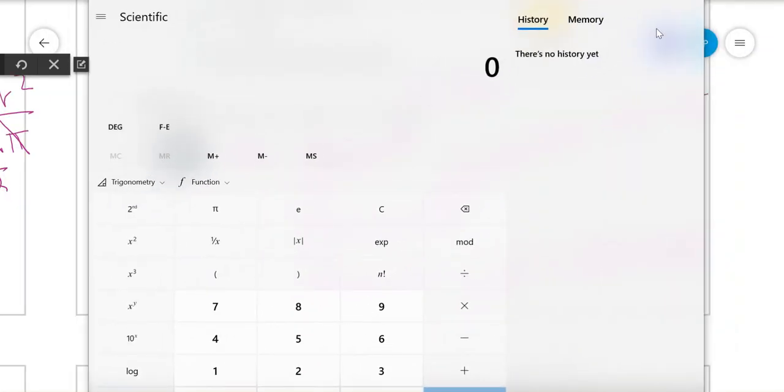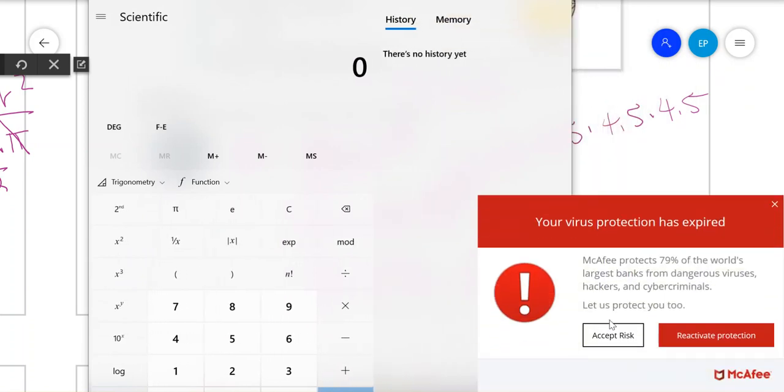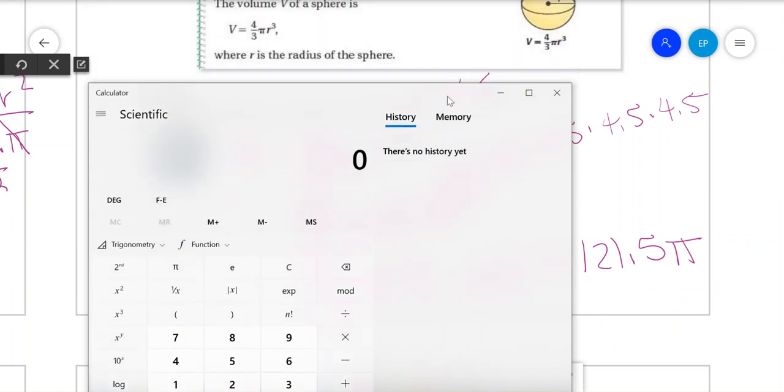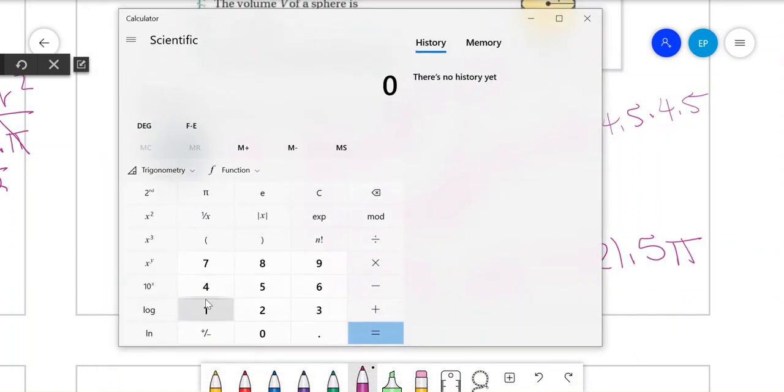So what I'm going to do is I'm going to use this cubic here. I would type 4.5 cubed. And then I would say times 4 equals divide by 3 equals. And that's how I got the 121.